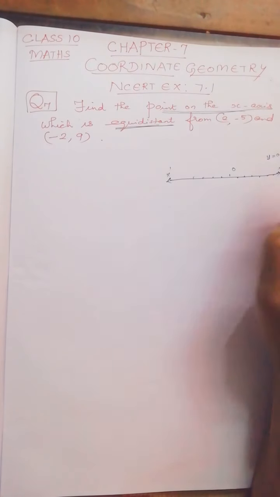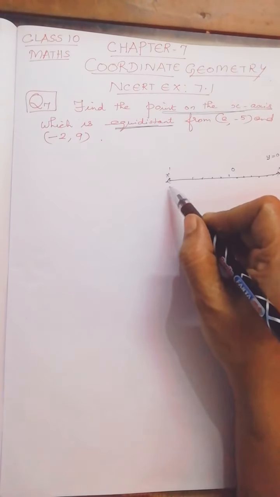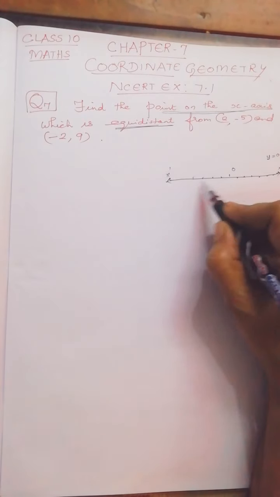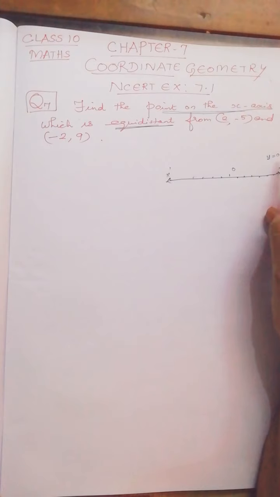Once again I will repeat: if a point is lying on the x-axis, x alone will take either a positive or a negative value, whereas y will be 0. So generally we can write a point lying on the x-axis as (x, 0), where x takes any value and y is always 0.